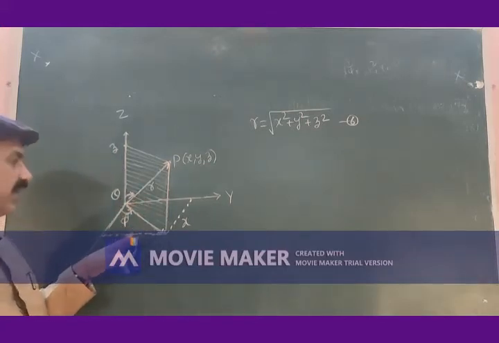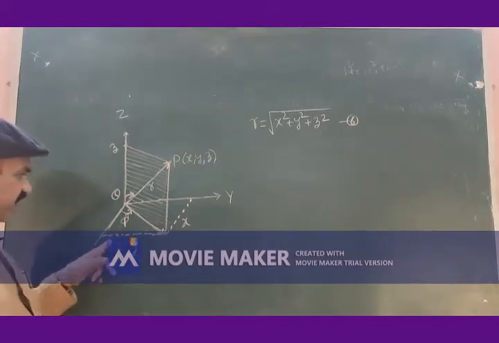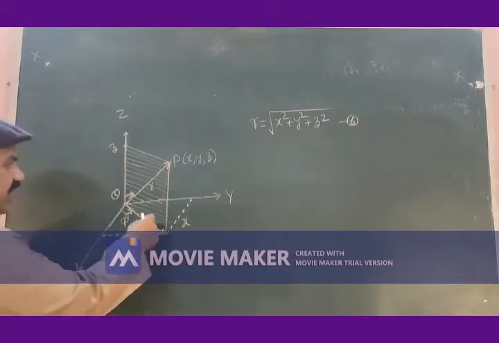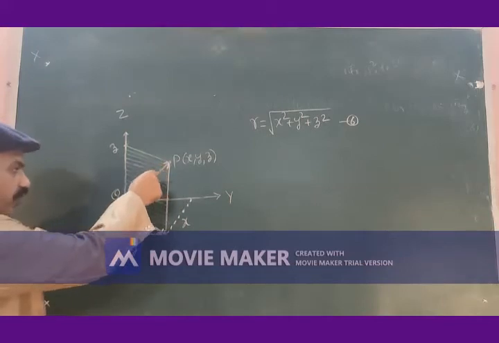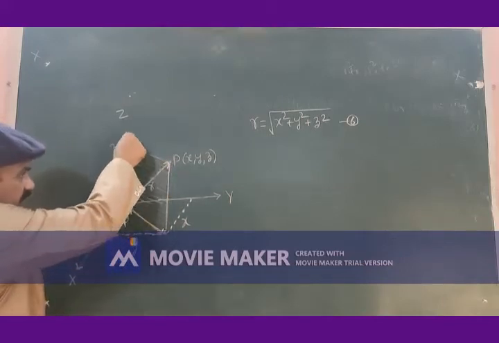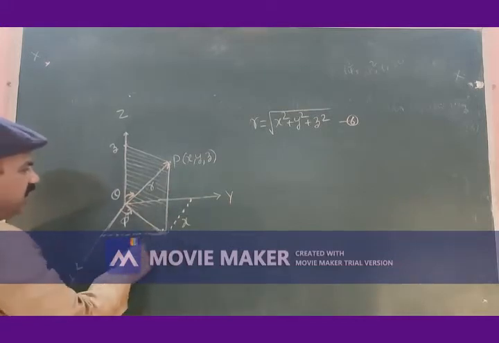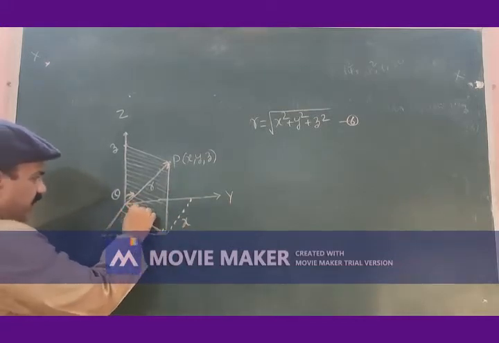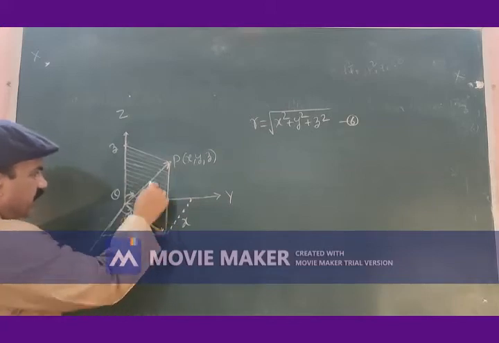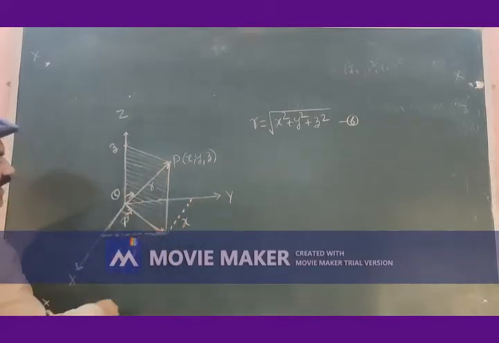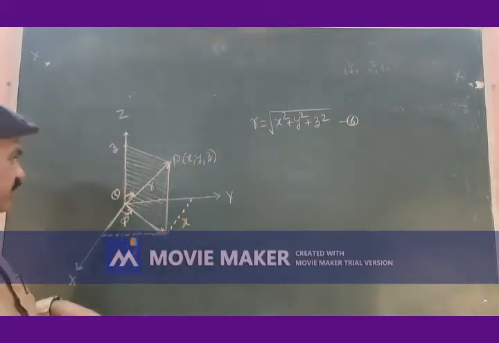This angle phi is between the x-axis and the projection of R in the xy plane. You may consider this as the projection of R in xy plane. This is xy plane.